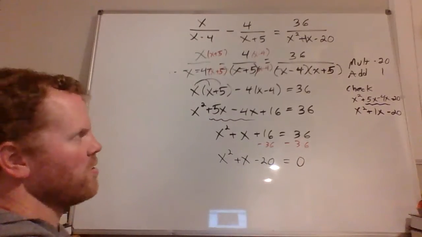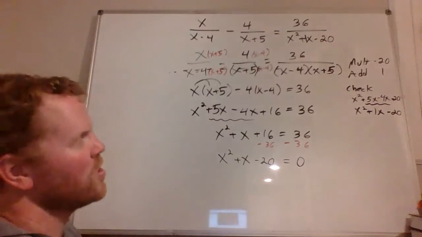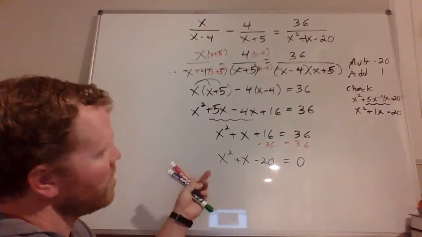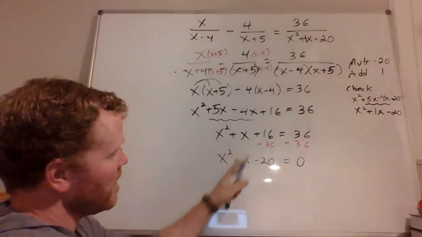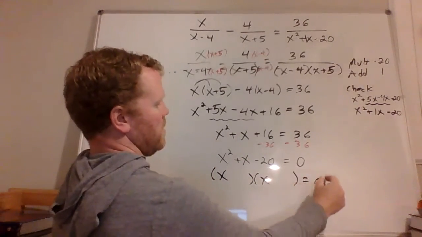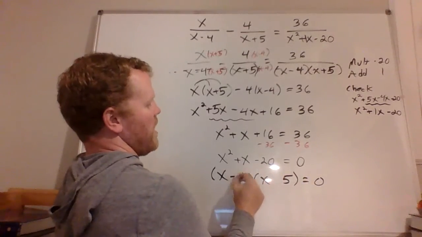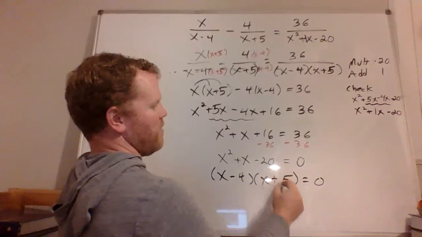And now we want to factor that thing. This should look really familiar, but let's just pretend like it's not. Two things that multiply together to be negative 20 and add up together to be 1 are 4 and 5, if we make the 4 the negative one and the 5 the positive one.